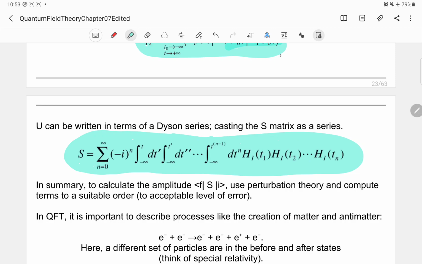As a summary, to calculate the amplitude S_FI, use perturbation theory and compute terms to a suitable order to an acceptable level of error.